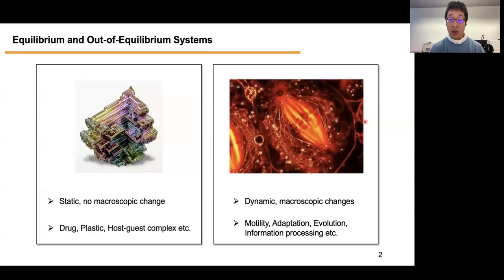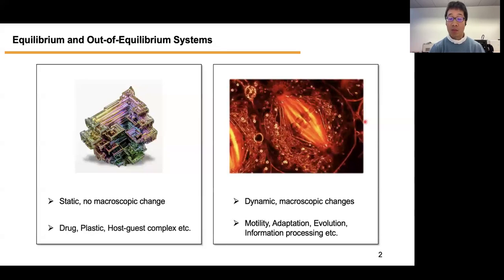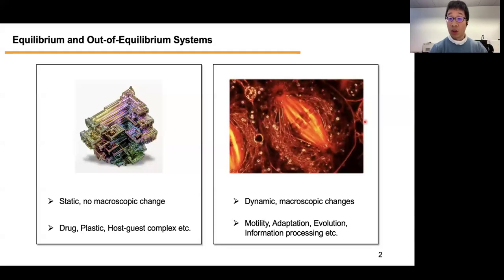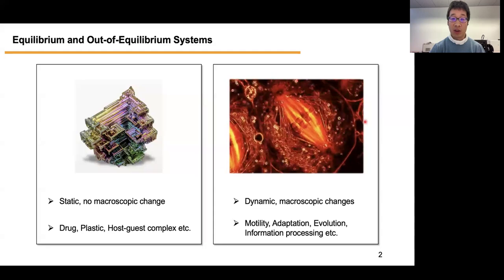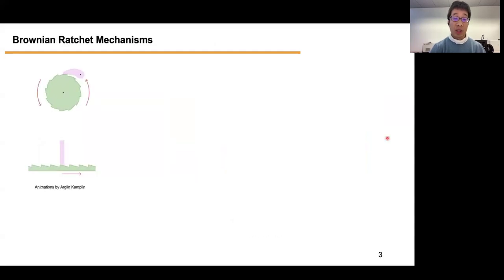And the typical example is, of course, life. And they show interesting functions such as motility, adaptation, evolution, and even information processing. So we're trying to mimic such interesting behavior. And one of the fundamental mechanisms for out-of-equilibrium systems is Brownian ratchet mechanisms.